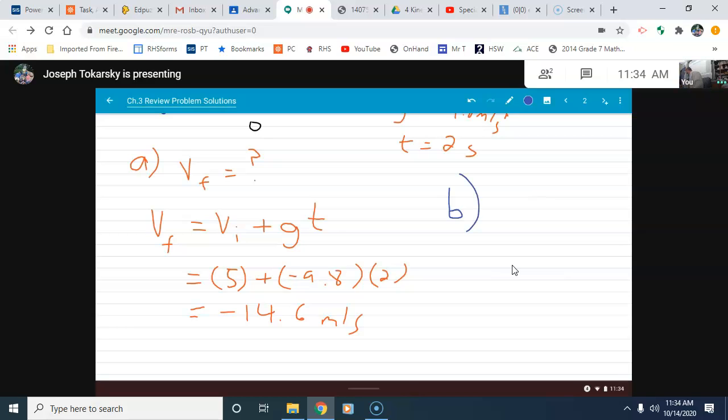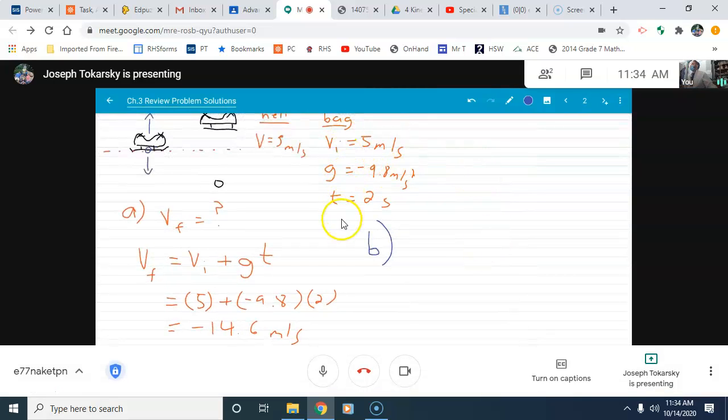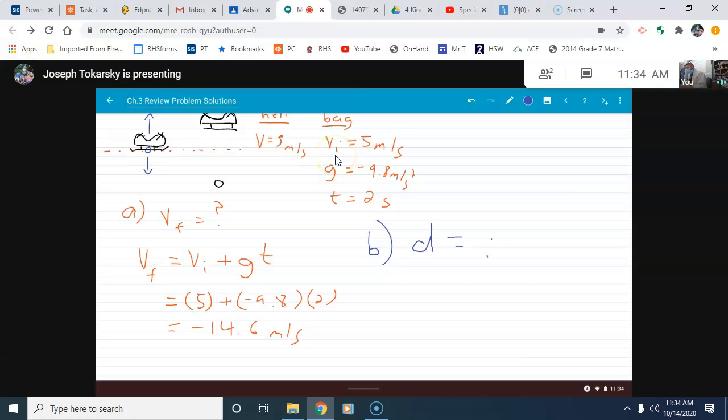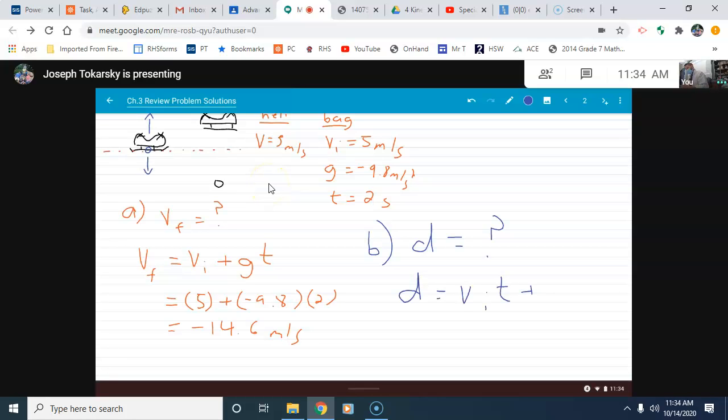Part B says, how far has the bag fallen? So we could use all the same information up here, but this time solve for what? How far is it? Yeah, D, right? So this one's D. Try to use only givens as possible. So I'm going to try to avoid using this number if possible, okay? Using this, that would be equation 2. D equals VIT plus 1/2 GT squared.